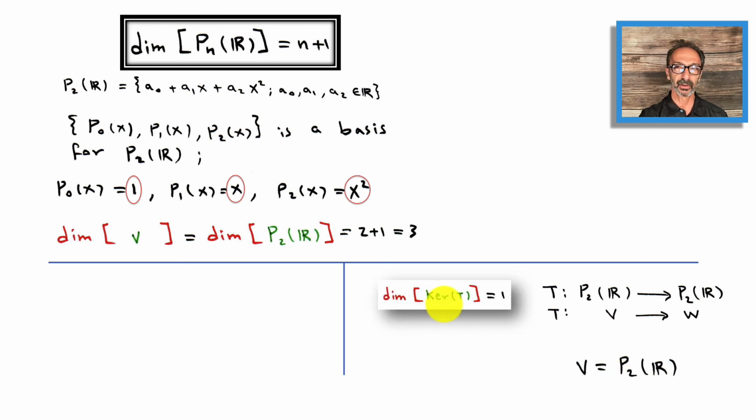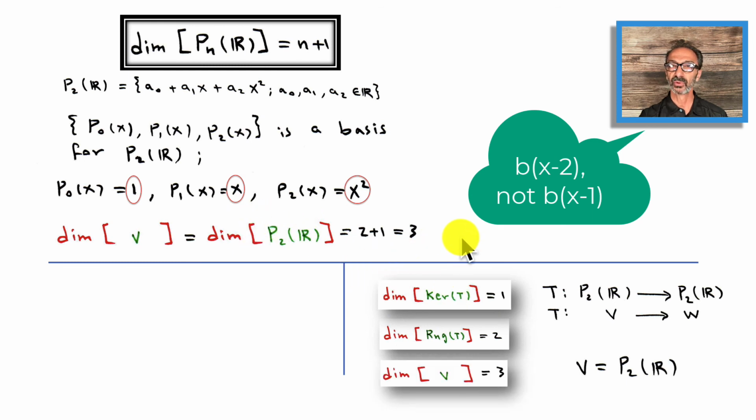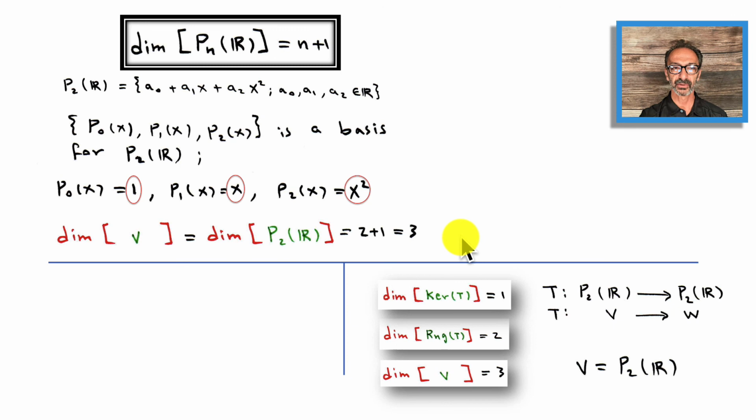The dimension of the kernel was 1, since we had one vector. Do you remember when I took you back to the problem and showed you that it's b times x minus 1? And the range was 2, which is 2 linearly independent vectors. The dimension of V, we said, is the dimension of P2, which is 3.